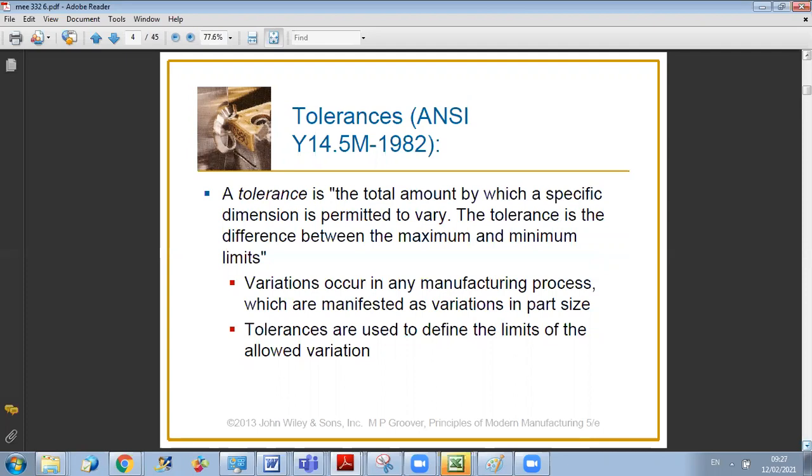Variation occurs in any manufacturing process, because we will not have 100% the size needed. Tolerances are used to define the limits of the allowed variation. So before choosing which process you want to use, you should know what tolerance you have. This will affect your selection of tools in manufacturing.